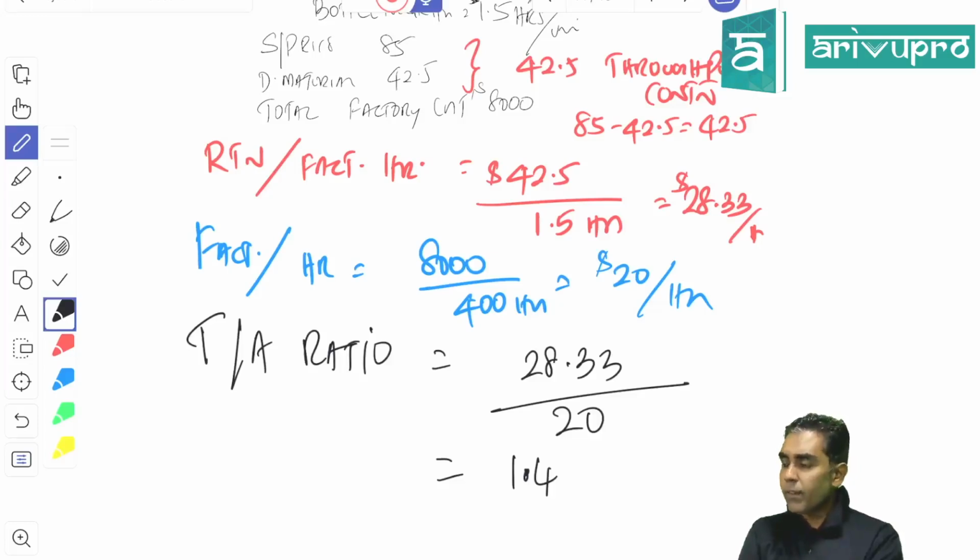Fourth step, develop the maximum production plan. Do you remember that? Optimum or optimal. Develop the maximum production plan. Finally, calculate the profit for the maximum production plan.